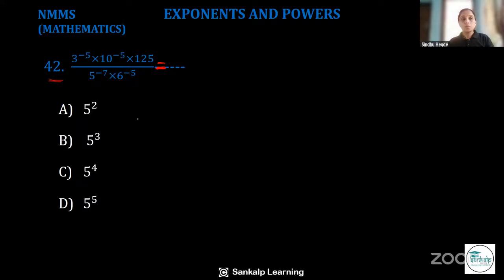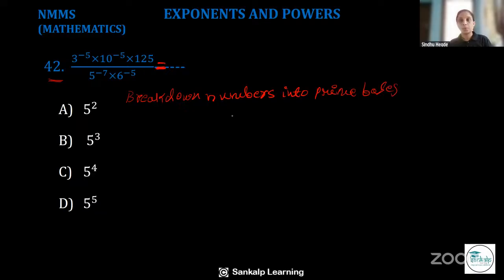So we must group these bases as common prime bases. Okay, so break down the given numbers into prime bases.